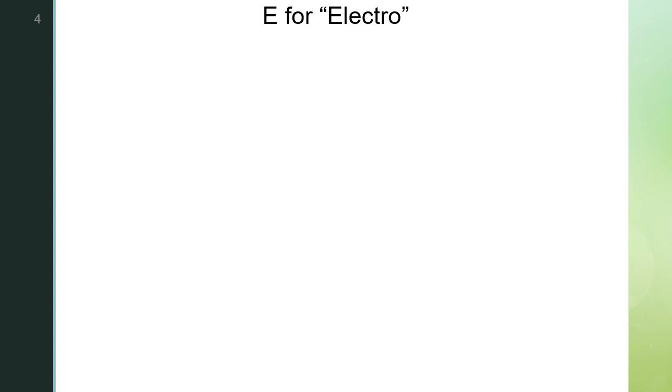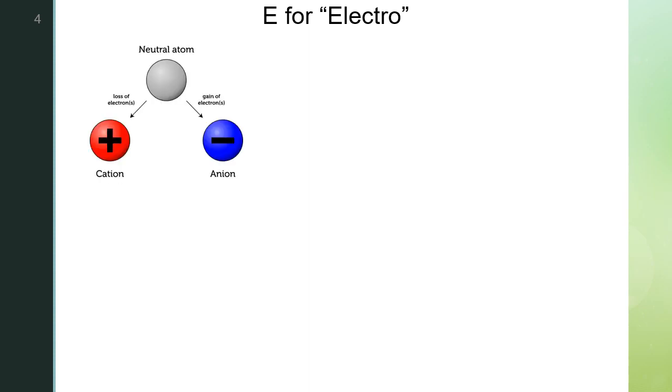Any particle in nature is made up of atoms. A neutral atom will have an equal number of protons and electrons. If an atom loses an electron, it forms a positive charge or cation, and if it gains an electron, it forms a negative charge or anion. A charge at rest can be either positive or negative.